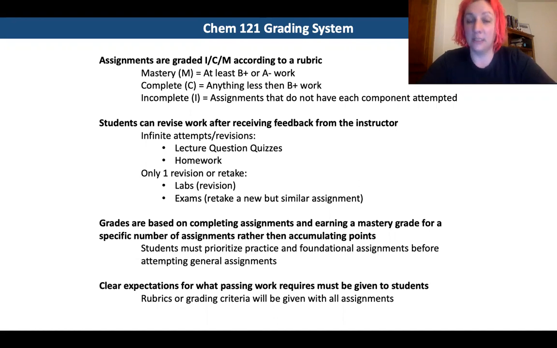Then there are complete grades. These are going to be assignments where all of the problems are attempted for the most part, and the work in them is not quite at what we're going to call a mastery level. So it'll be anything that is B plus level work or lower. A mastery grade is anything that is B plus or A minus work.